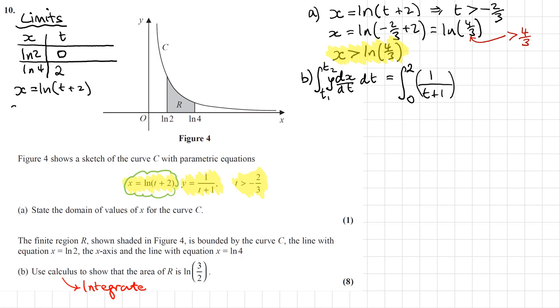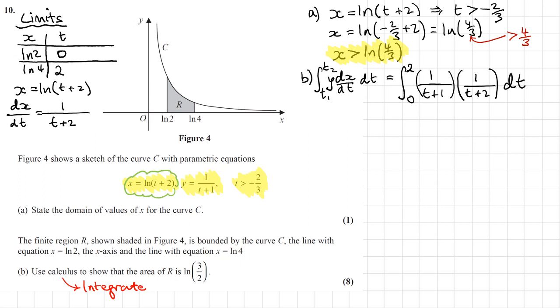So I'm going to work out dx dt using the rule for differentiating log of a function: it's that function differentiated over itself. So t plus 1 differentiated over itself. So it's going to be 1 over t plus 2. There's my dx dt. So that's going to go into the second brackets. 1 over t plus 2. And this all needs to be integrated with respect to t.